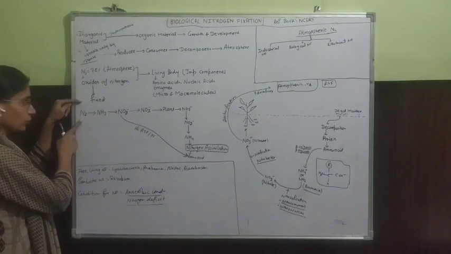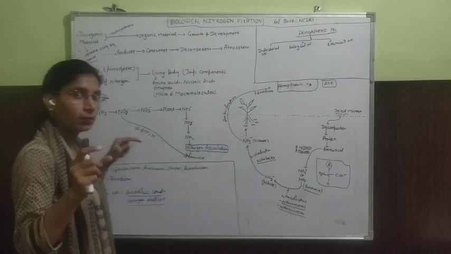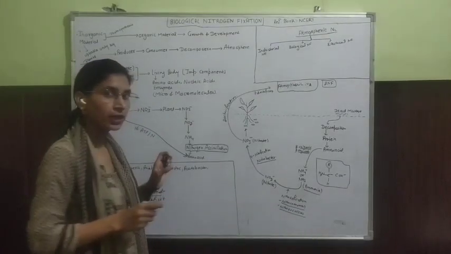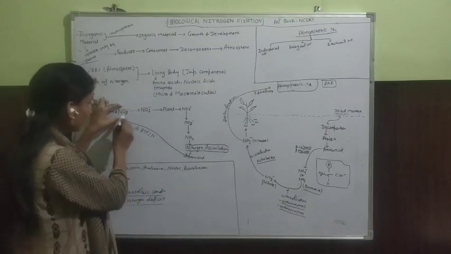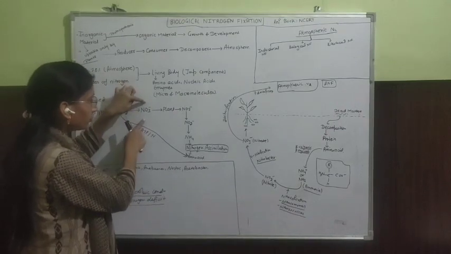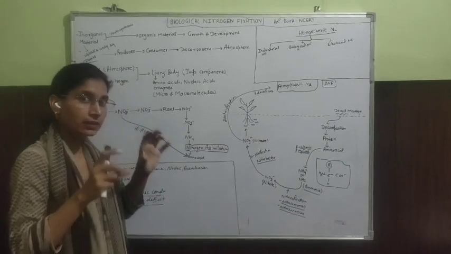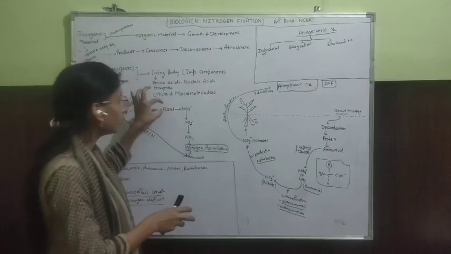This nitrogen gets trapped into the system and is firstly converted into ammonia. After ammonia, it is converted into the second form, nitrite, and then nitrite is converted into nitrate. Nitrate is the absorbable or consumable form which is taken up by the plant.